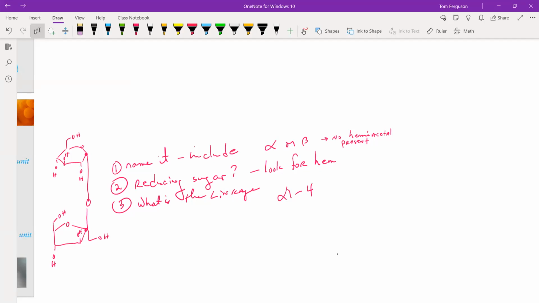Okay, so the alpha beta naming only applies if there is a hemiacetal present. Now, fructose by itself has a hemiketal, which can be alpha or beta. Glucose by itself can either be alpha or beta because it's got a hemiacetal present. Fructose, now let's just analyze this fructose here.